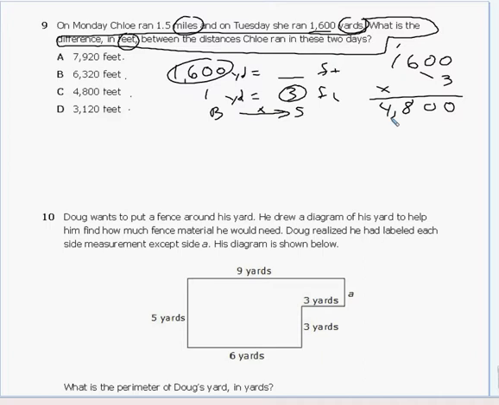And we're going to convert the 1.5 miles into feet. But if we look on our math chart, it doesn't have that conversion for us. So we're going to have to figure out what the conversion is.